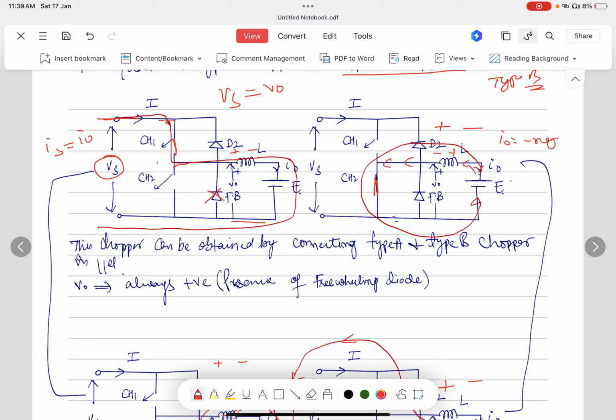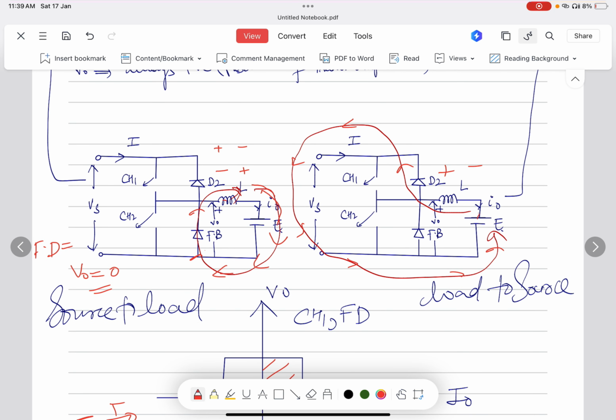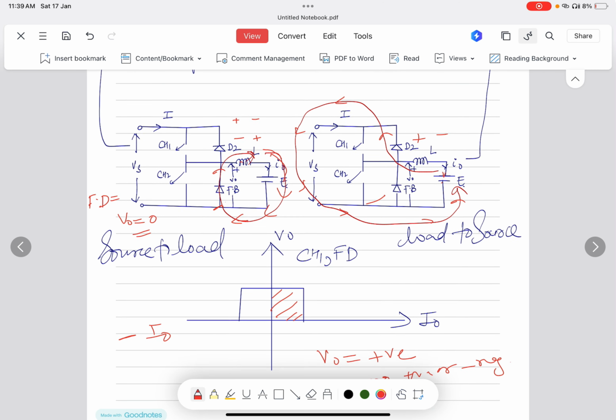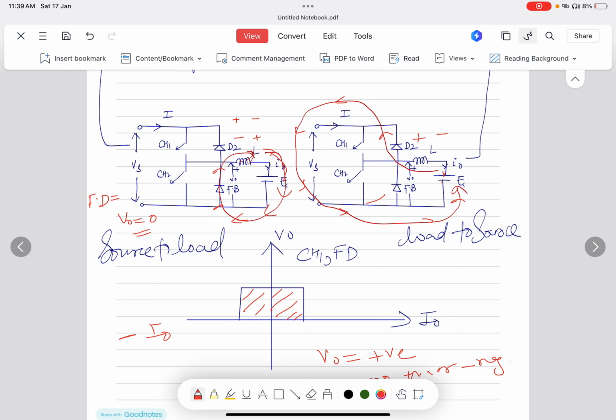So you can see here that the output voltage V equals Vs. Also when CH1 is off, the current starts flowing, diode D2 starts conducting, then it flows to the supply voltage and then returns to the back path. That means it is supplying from the load to source. That is why we studied the type B chopper in the previous class. So this is one of the main differences.